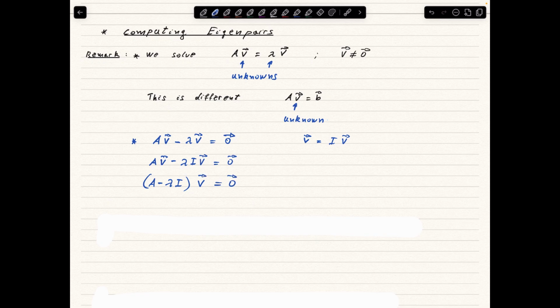And recall that we are saying that we are looking for solutions where v is different from 0. Well, here is an important breakthrough.